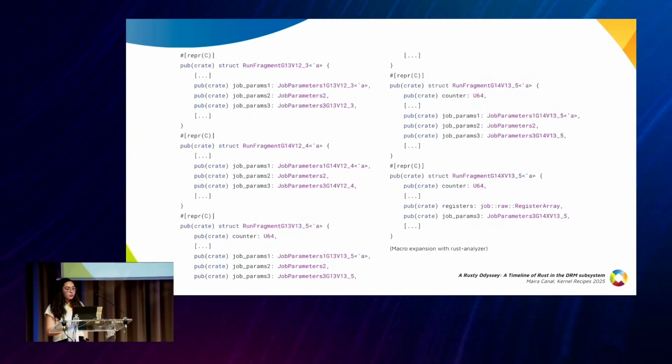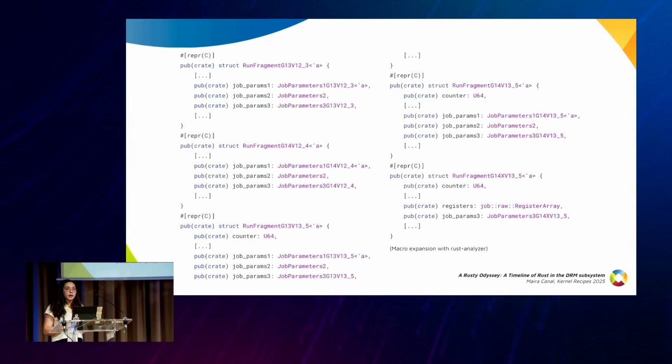And when we use the Rust analyzer to expand the macros, you can imagine how powerful this can be, because the counter field only exists in the versions that we defined before with the macro. So this is the expansion that I did with the Rust analyzer. This is not code that you are going to see in your code base.